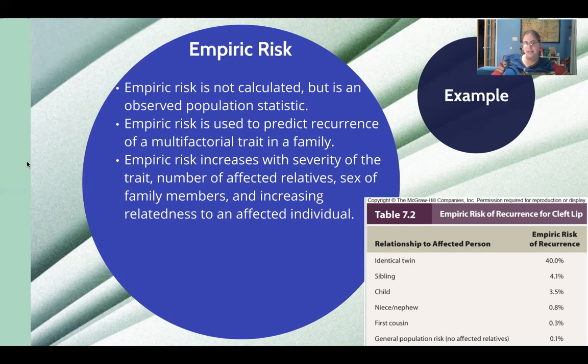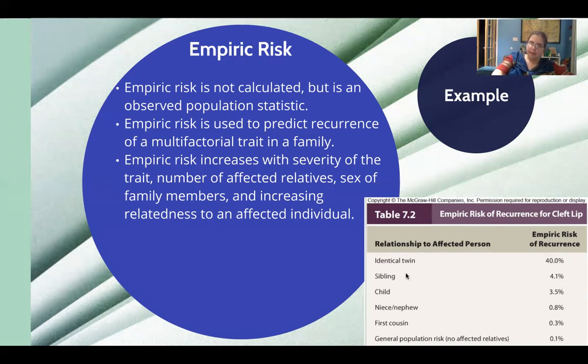So what we mean by that is, as you see at the bottom, we have this chart here, empiric risk of recurrence for cleft lip. So they're looking at the likelihood of someone having a cleft lip based on cases of it in the family.